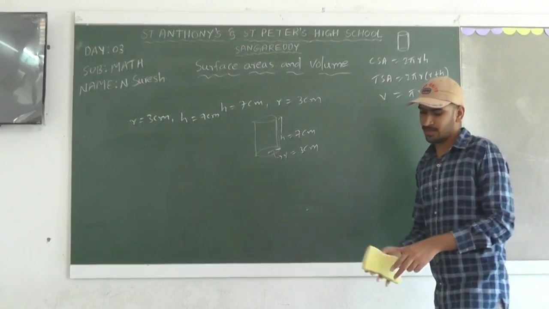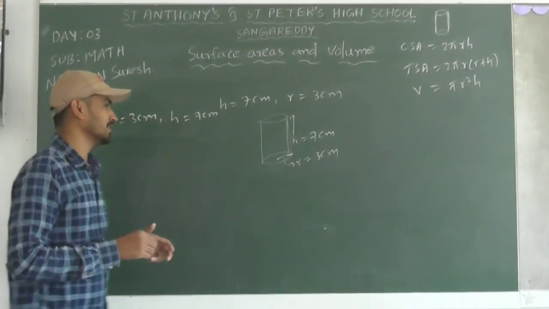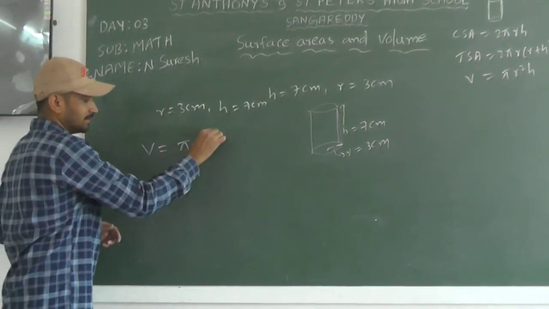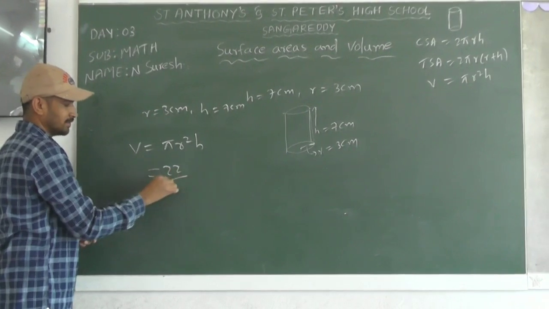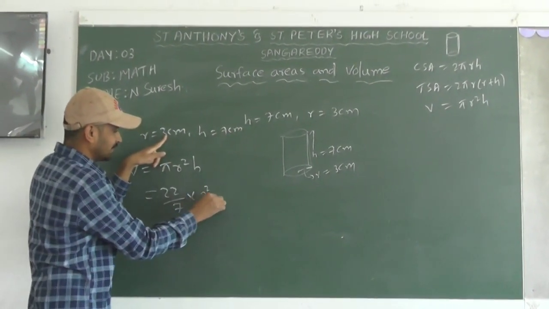So already we know the formula for volume of the cylinder, that is V equals pi r square h. This is pi r square h, 22/7 into r, r you know 3 square, into 7.